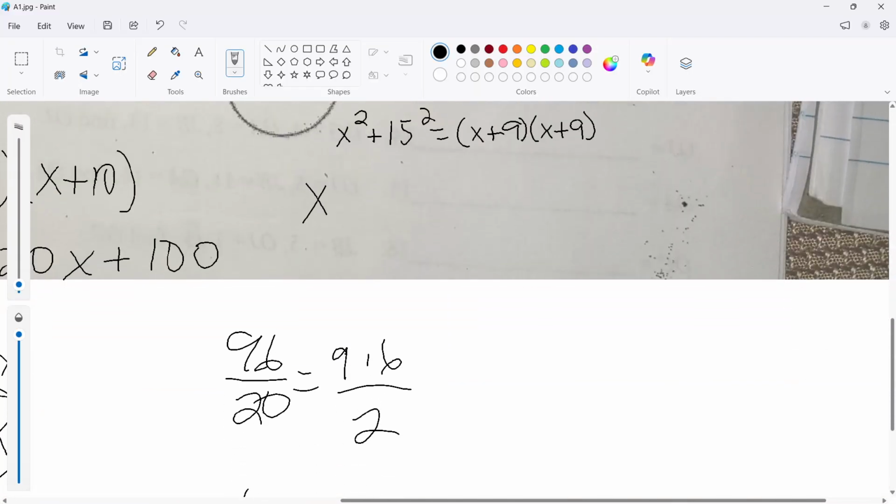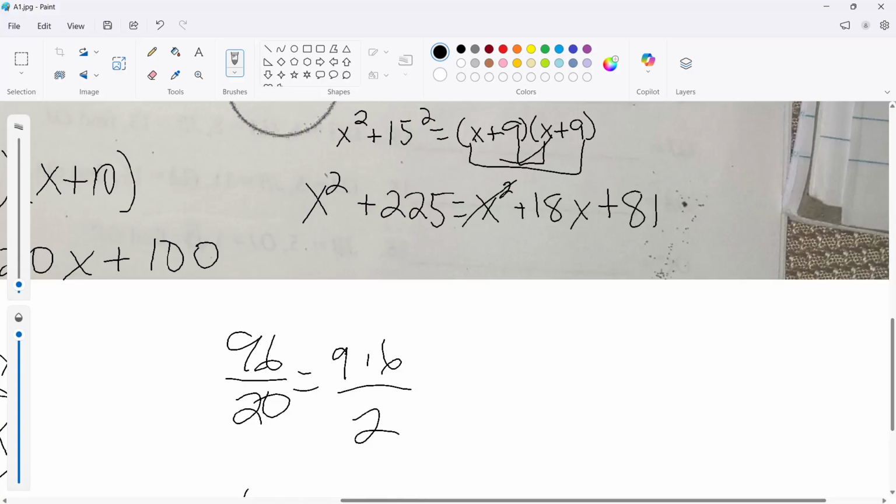15 squared is 225 equals x times x, x squared. Inside times inside, outside times outside: 9x plus 9x is 18x. And then 9 times 9 is 81. The x squareds disappear. 225 minus 81 is 144.